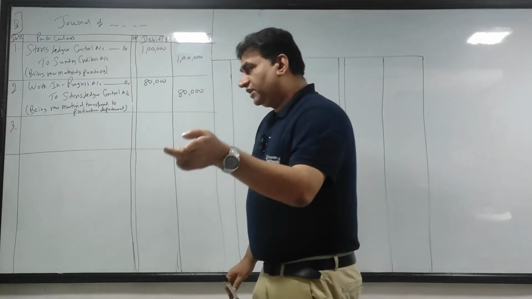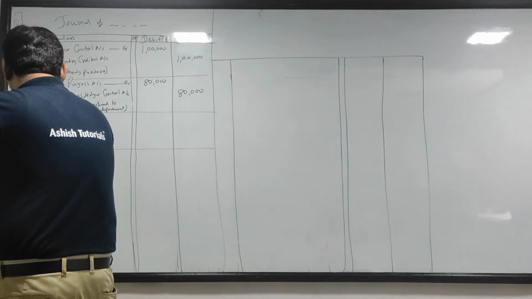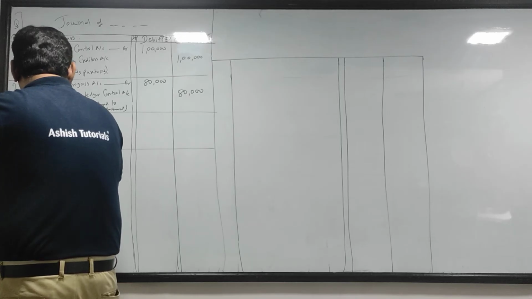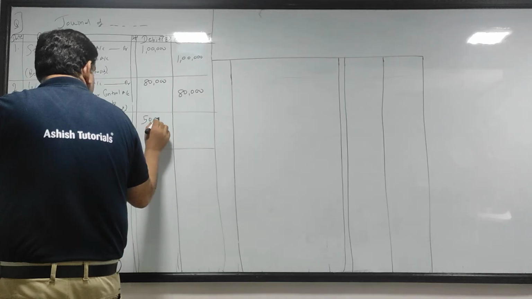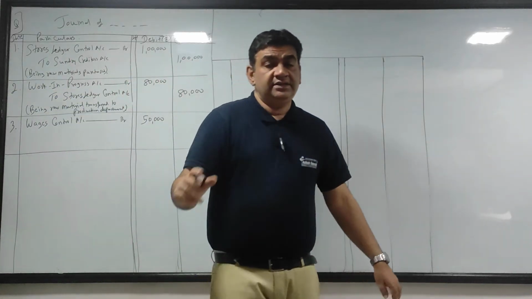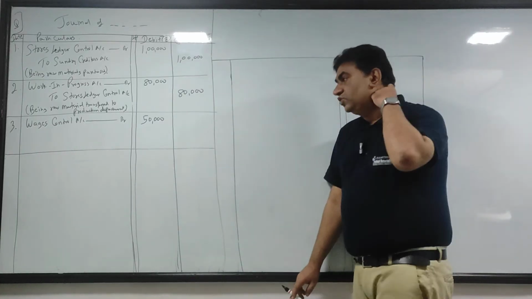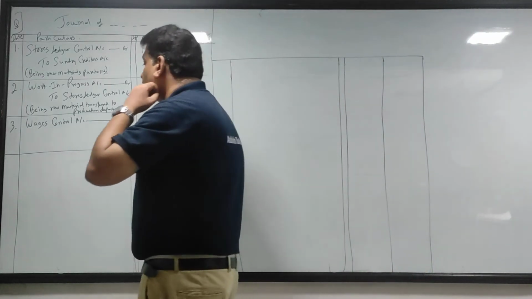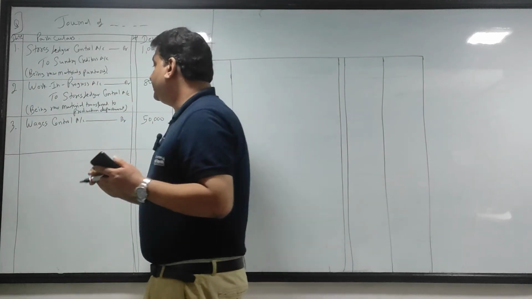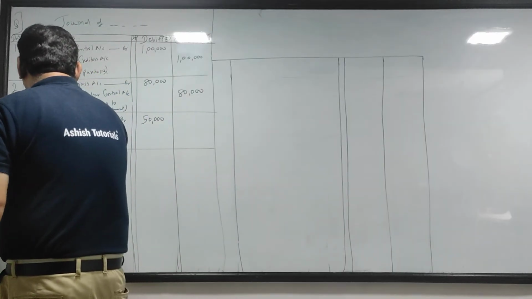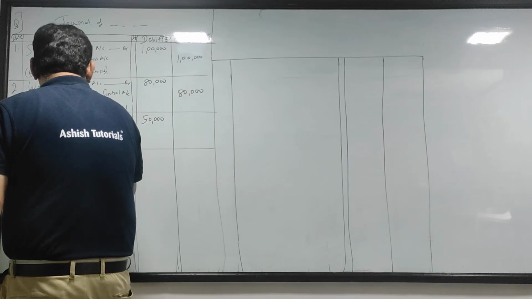Okay, so wages are incurred. So I debit an account called wage control account, debit, and it is paid. Money goes out: cash if paid in cash, bank if paid by cheque. When nothing is mentioned, if it is only paid, I write to cash/bank.